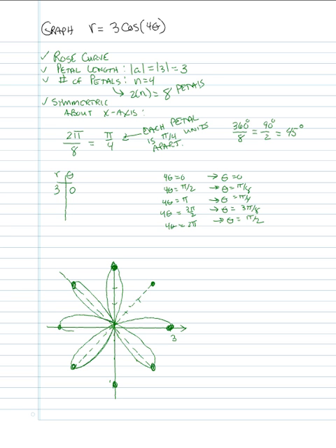And then back to the origin. Then we pick out this petal that's up here. Back to the origin. Then we pick up the petal that's down here. Back to the origin, then we pick up this petal that I drew a little too early a moment ago, and back to the origin, and then finally we finish the petal that's out here to the right. And that's what it would look like.